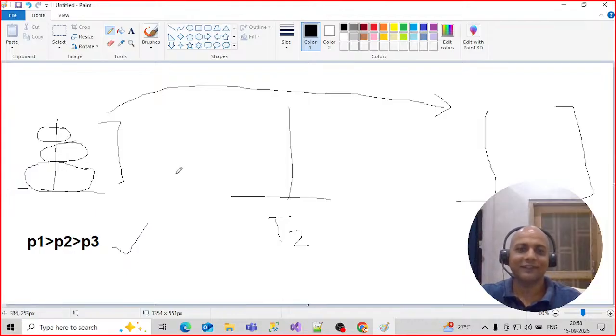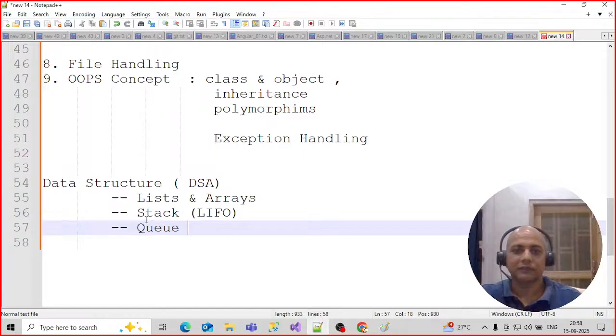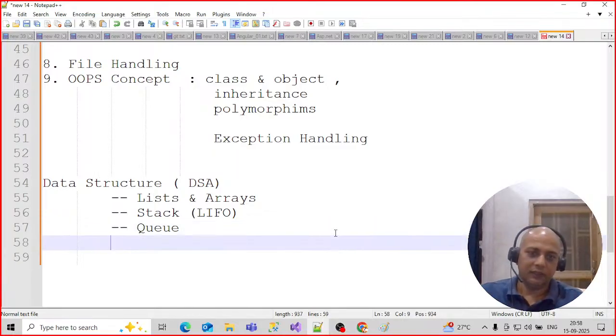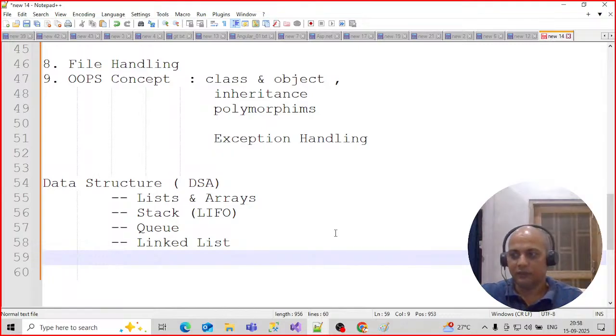You can think about it, but these kinds of problems we will be solving in this syllabus, like list and queue, all that, okay? So we have queues, we have linked lists, hashing, and we will be studying hash tables.